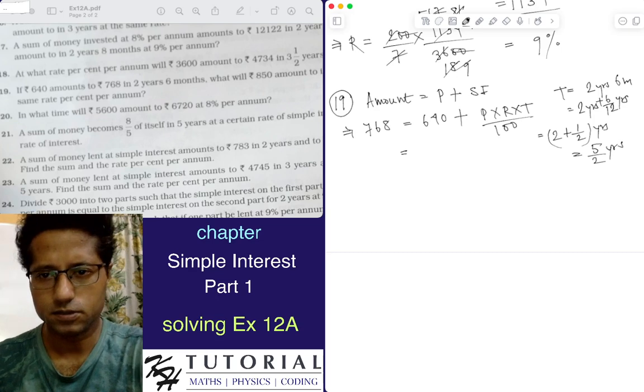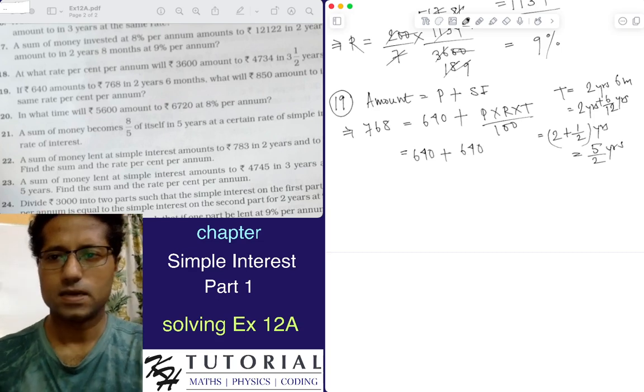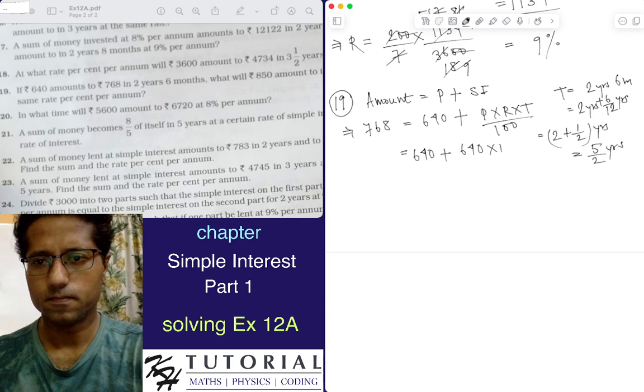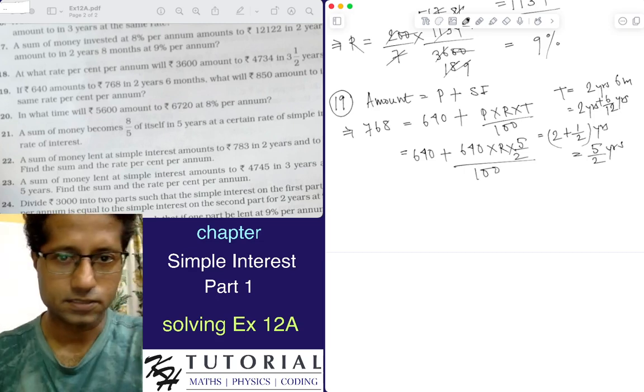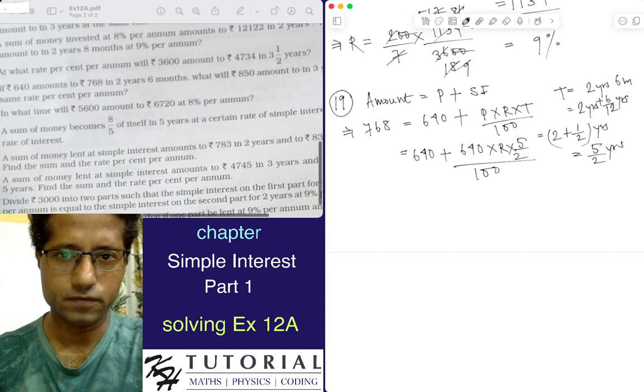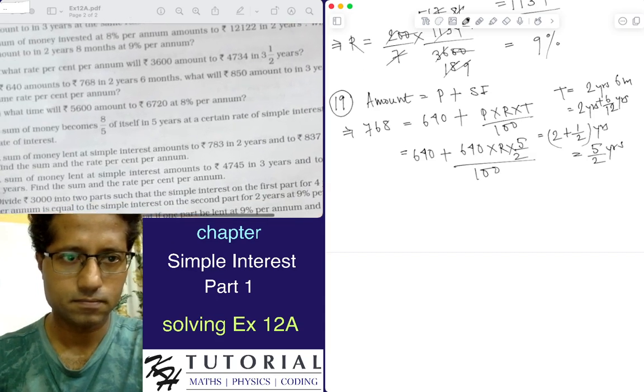So we have 768 equals 640 plus, P is also 640, and R we don't know, T we know, 5 by 2, divided by 100. We have this equation.